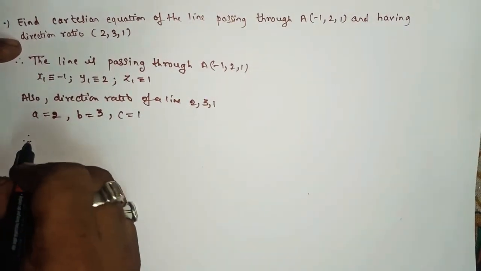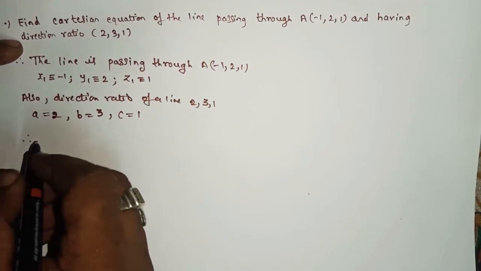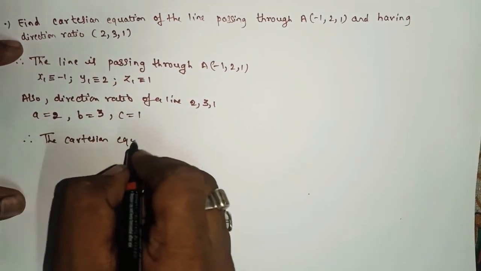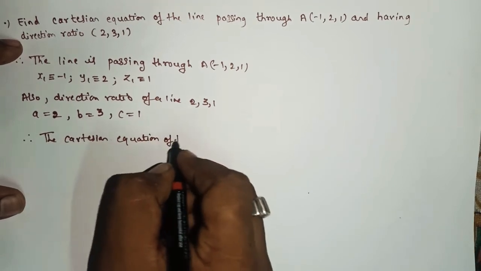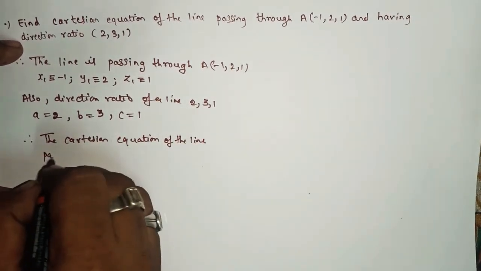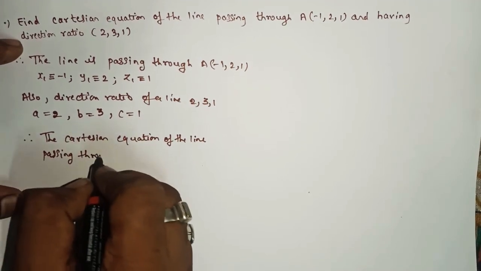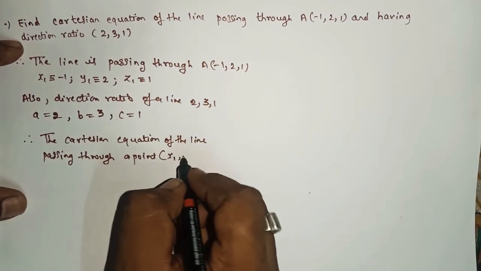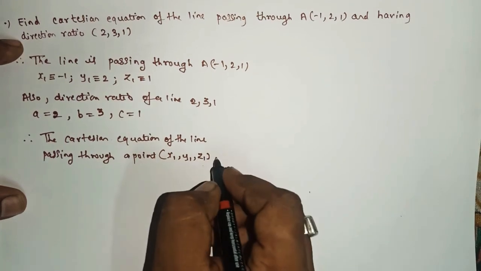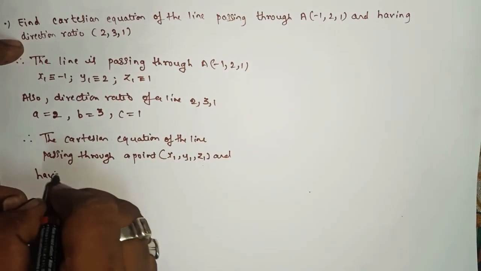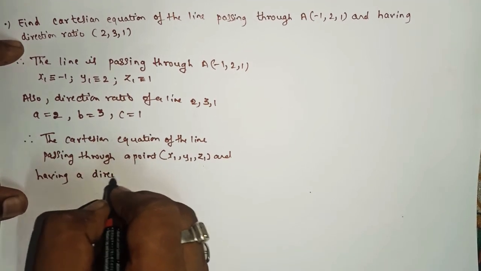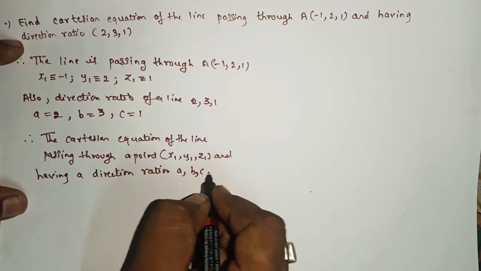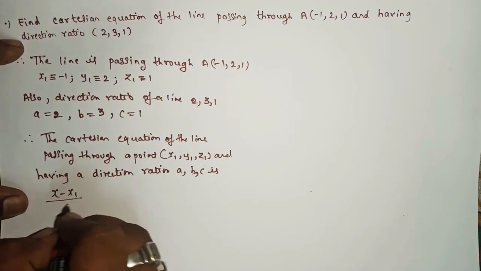Okay, so after that, as we have to find the Cartesian equation for this sum, we'll write the Cartesian equation of the line passing through a point x1, y1, z1 and having a direction ratio a, b, c is x minus x1 upon a.